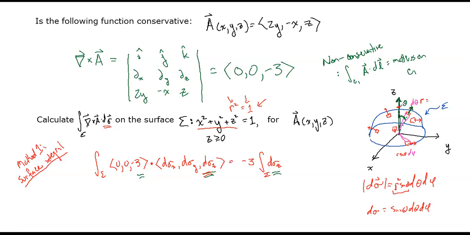So I just want the z component. So which trig function should I pick? Cosine. Yeah, the cosine part.